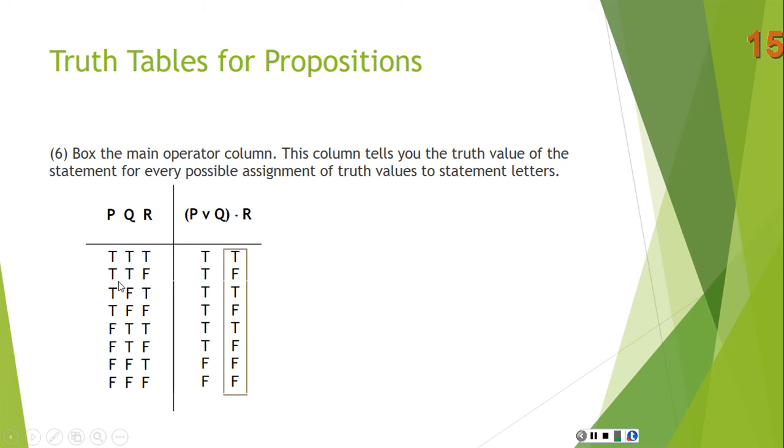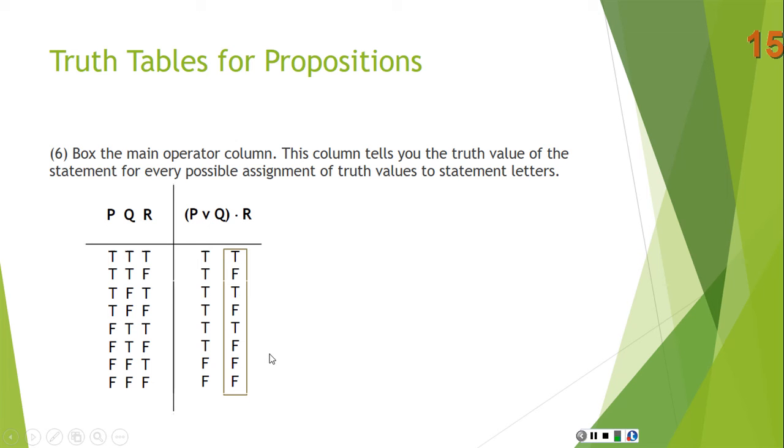Whenever you have P is true, Q is true, R is false, this whole statement comes out false. Whenever you have P is true, Q is false, R is true, the whole statement comes out true. Whenever you have P is true, Q is false, R is false, the whole statement comes out false, and so on.